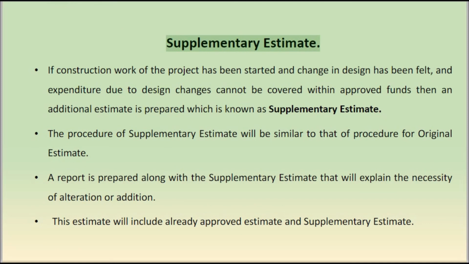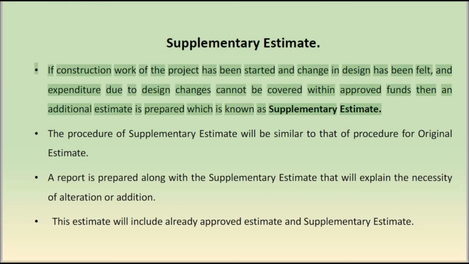Supplementary estimate. If construction work of the project has been started and a change in design has been felt, and expenditure due to design changes cannot be covered within approved funds, then an additional estimate is prepared, which is known as a supplementary estimate.